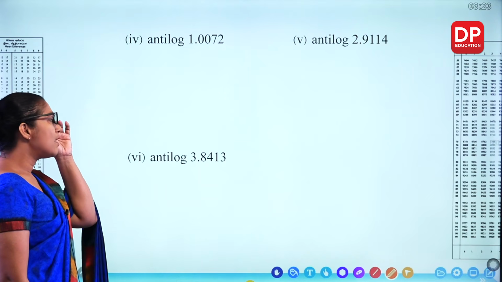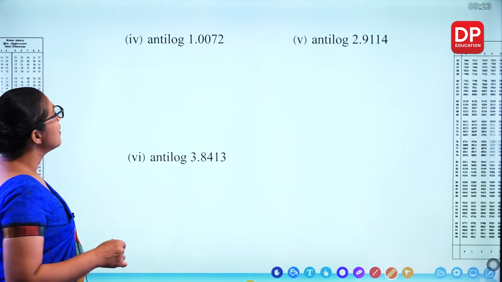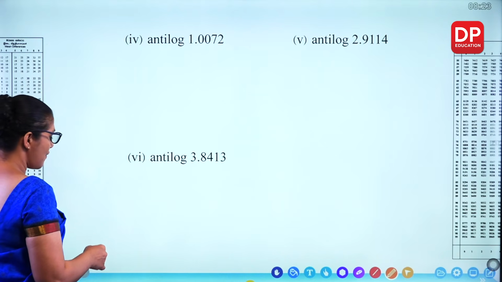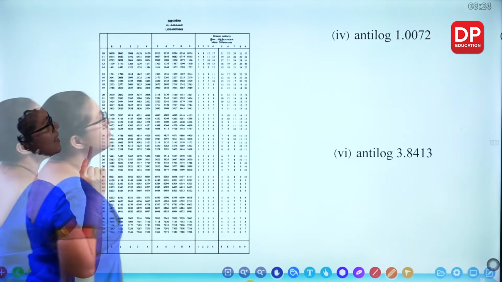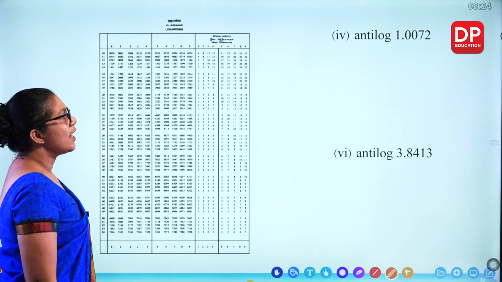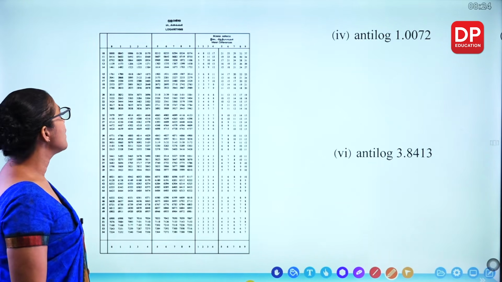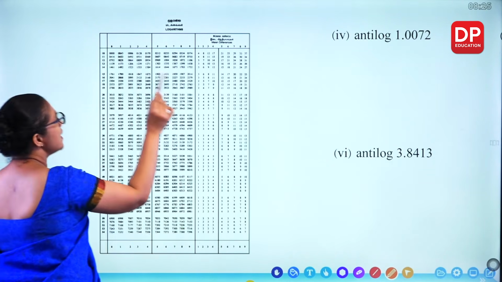This one, anti-log of this. Characteristic is 1. Mantissa is 0072. Look at the table and see where you get anti-log of 1.0072. Look at the mantissa, 0072. 0072 is here.